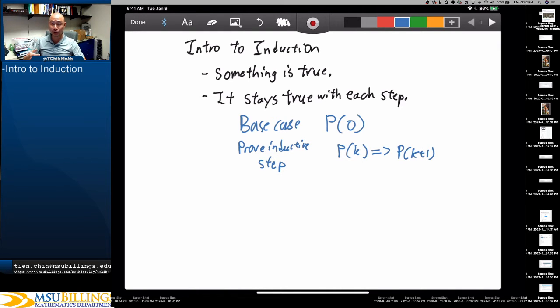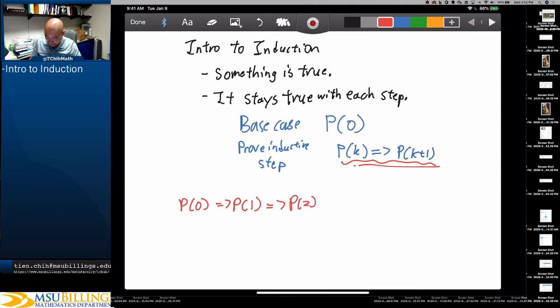If you put these two things together, then what you've got is a base case, and then invoking the induction, that forces case 1 to be true, which in turn, again through the induction, forces case 2 to be true, and so on and so forth.